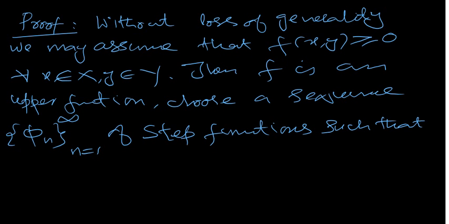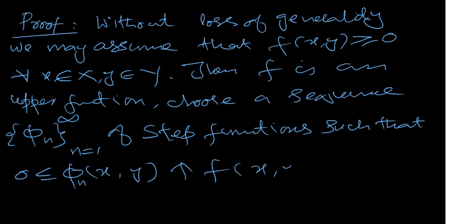Such that this sequence is non-negative, and it increases to f of x y, the limit of this sequence is f of x y, and the sequence is monotonically increasing. This is true for all x belongs to X, y belongs to Y. That's actually by the definition of an upper function.